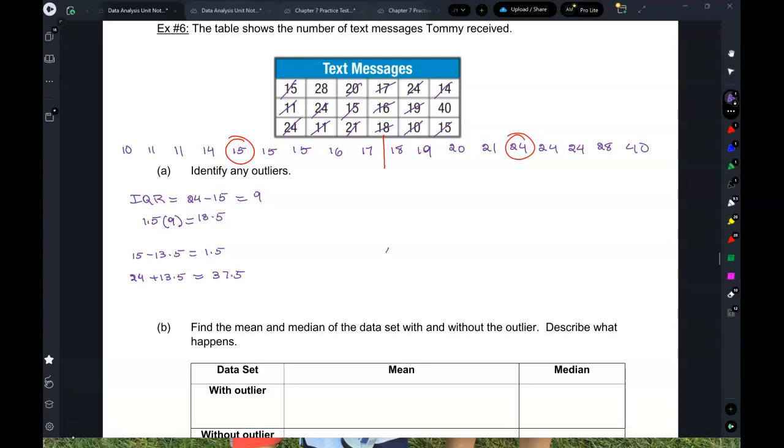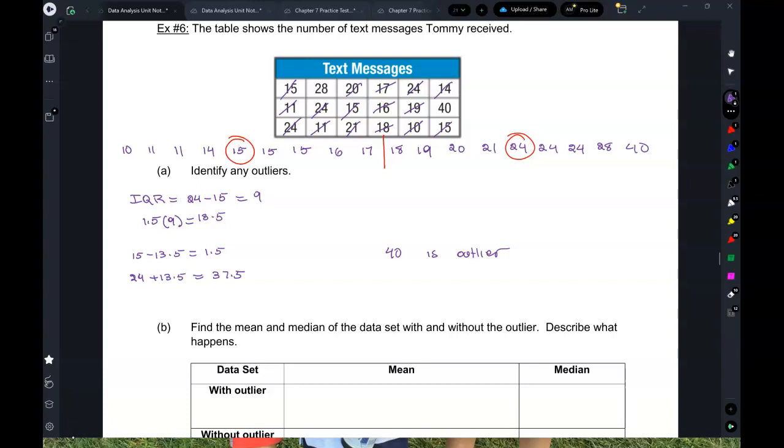Yes. 40 is the outlier. So we do this number minus 13.5 is this. This number plus 13.5 is this. So now you have to see, are there any values less than this or greater than this?